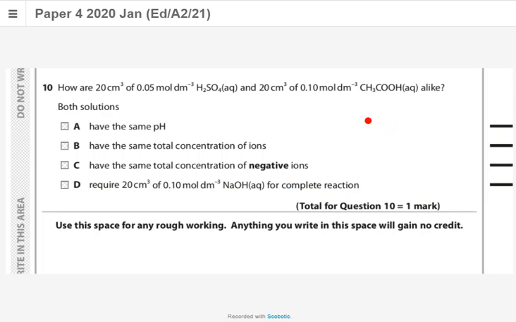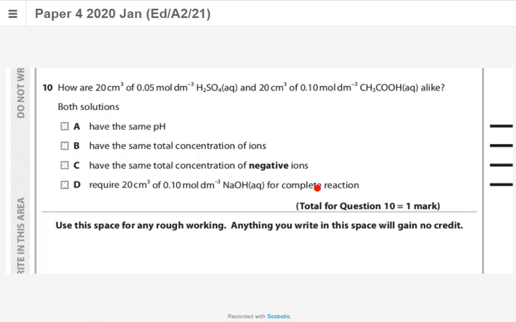How are 20 cm cube of 0.05 mole per decimeter cube sulfuric acid and 20 cm cube of 0.1 mole per decimeter cube ethanoic acid alike? Both solutions have the same pH. Can't be, right? This is a strong acid and a weak acid. No need to do any calculation.